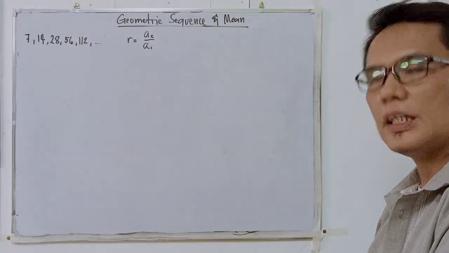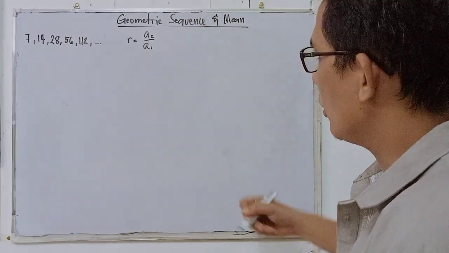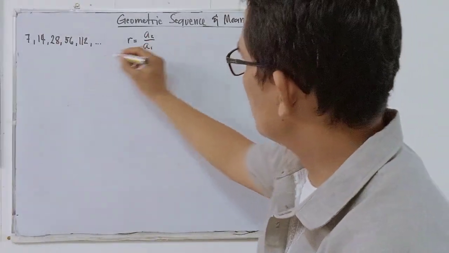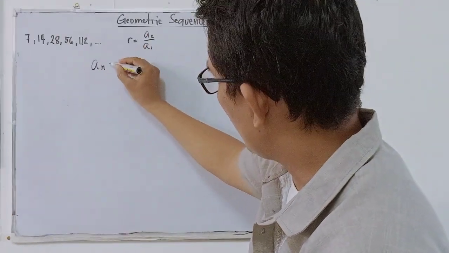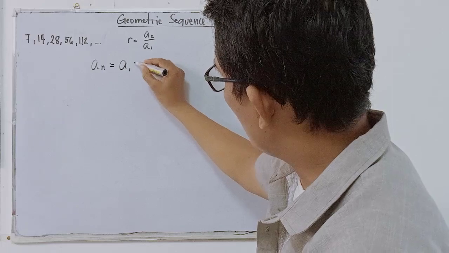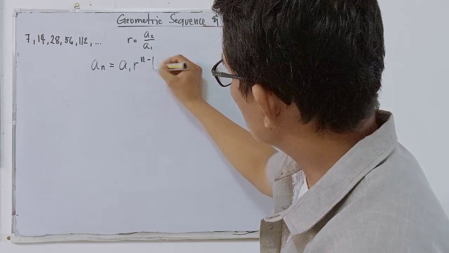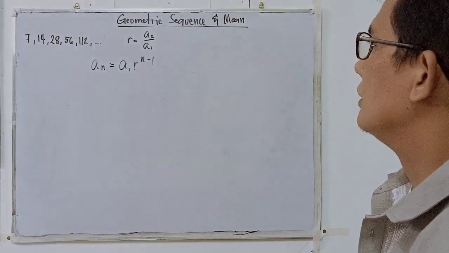But the question is, if you are asked to solve for the 20th term or the 21st term, that is now the time that we're going to use the formula. So the formula for geometric sequence is a sub n equals a sub 1 r raised to n minus 1.